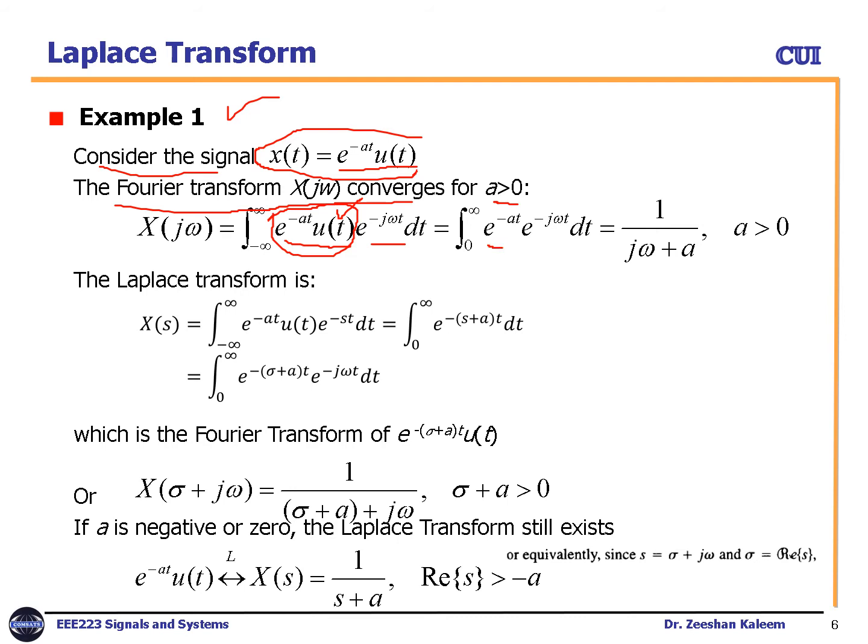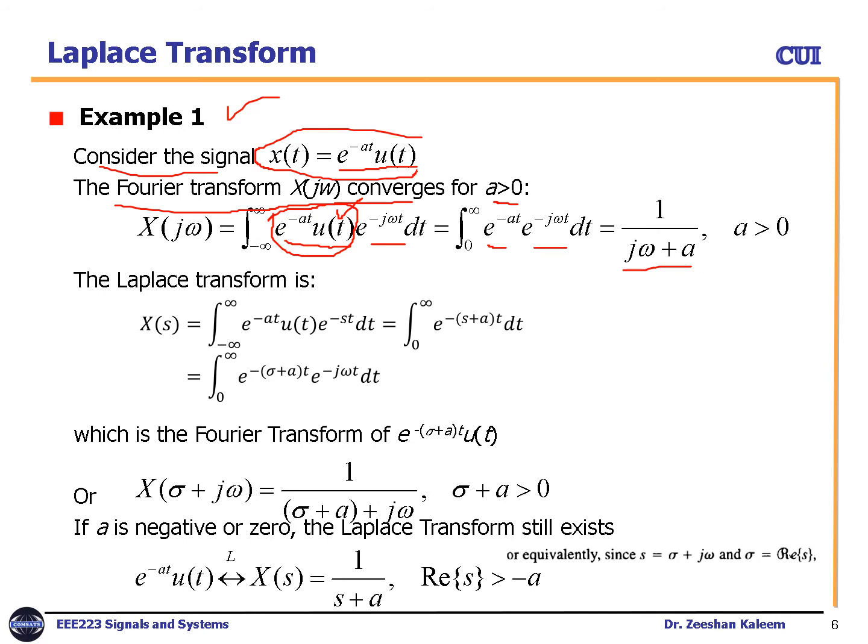So it becomes e to the minus a t e to the minus j omega t. By taking the integration of this and solving it further, we will get 1 over j omega plus a. We already solved this in detail in the previous example, so you can refer to that example for more detailed steps on how we get 1 over j omega plus a.